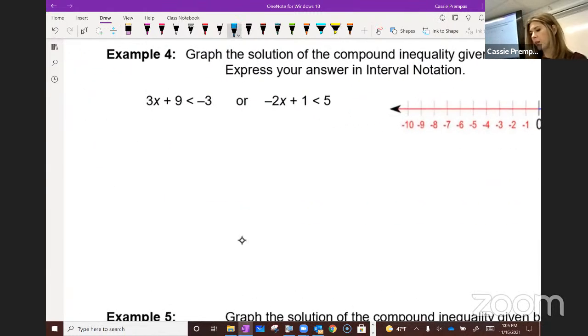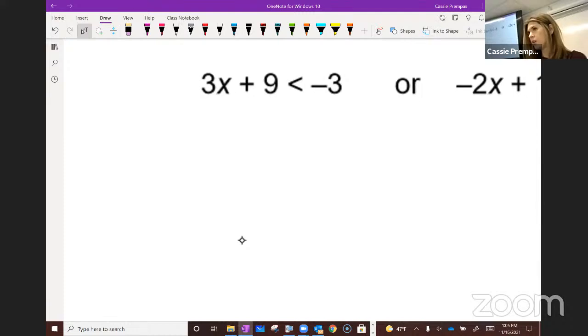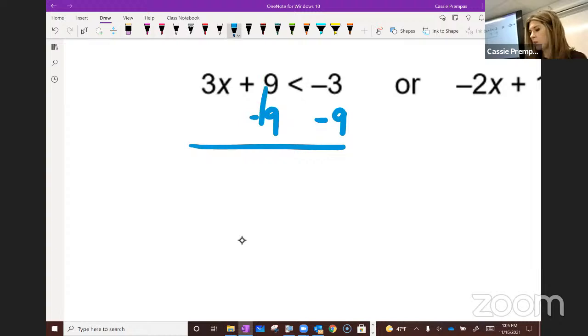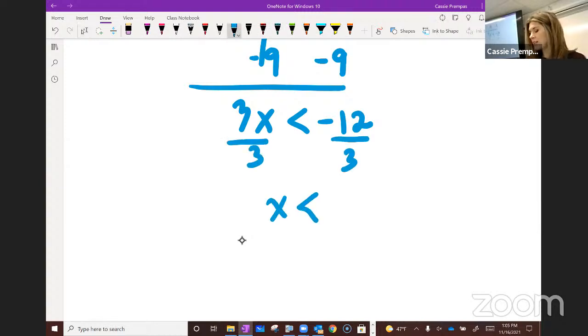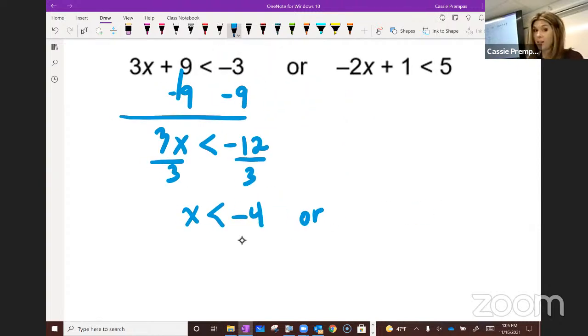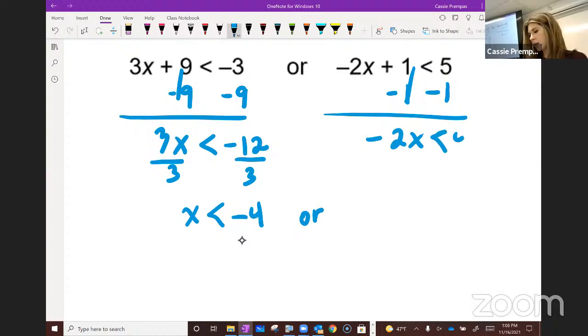Example 4, if we solve the one on the left, what would you guys do first? Subtract 9, good. And we would have 3x has to be less than -12. Then we would divide by 3. We would get x has to be less than -4, or on the other side, we would subtract 1 first, giving us -2x has to be less than 4.